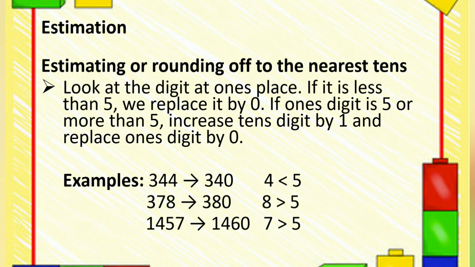So tens digit you have to add 1 and one's digit you have to put 0. So 380 is the answer. 1457. 7 is greater than 5. So add 1 in tens place. So 1460 is the answer.